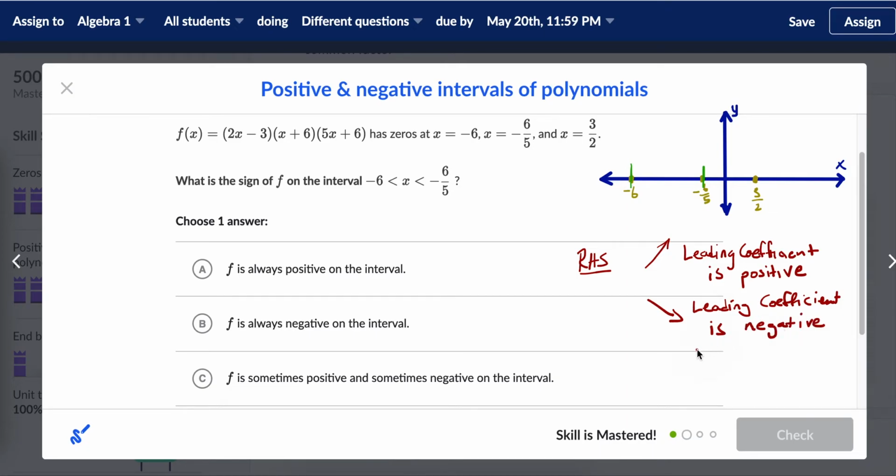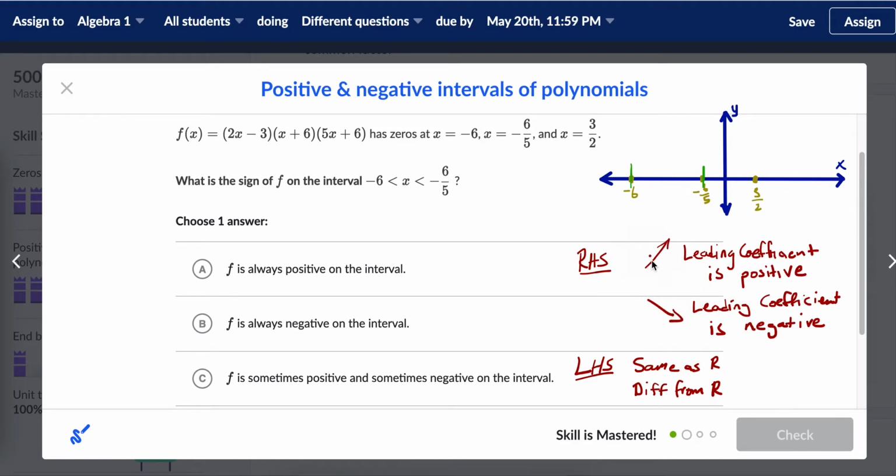Now, it also helps to know what's going on with the left-hand side of the function, right? So is the left-hand side of the function the same as or different from the right-hand side? Is it also going up, or is it going down instead?